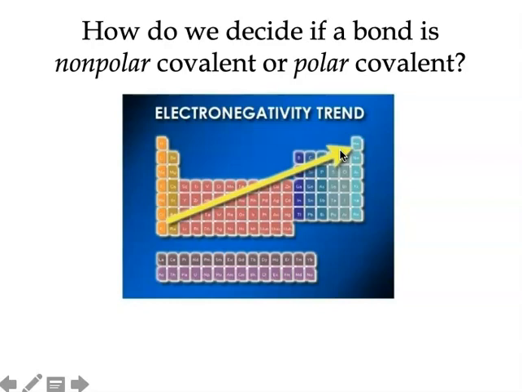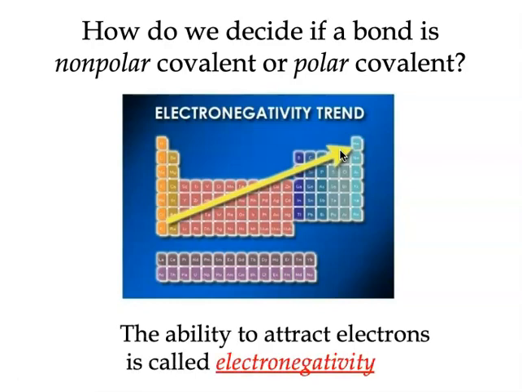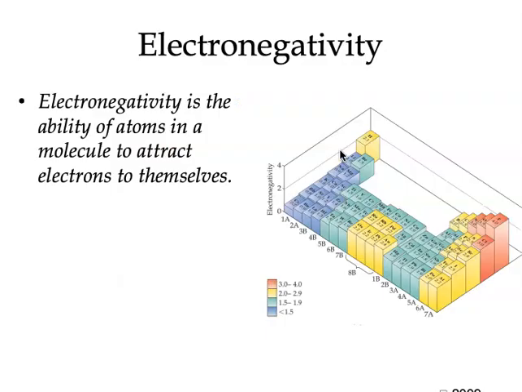Electronegativity is nothing more than the ability to attract electrons in a covalent bond. In your resource guides, you'll find an electronegativity table. One of the things you'll notice is that in this particular table, the noble gases are left off because they don't play the game.